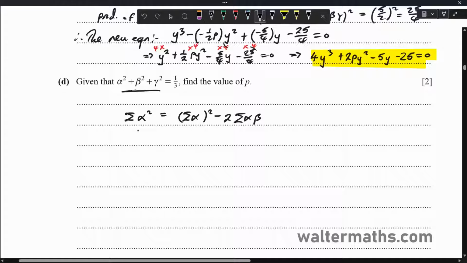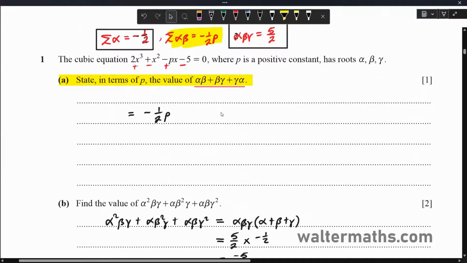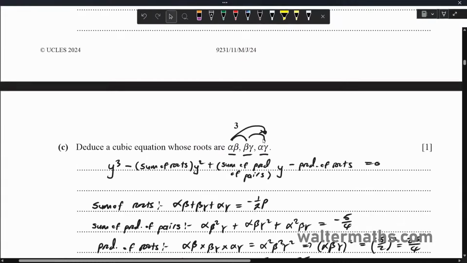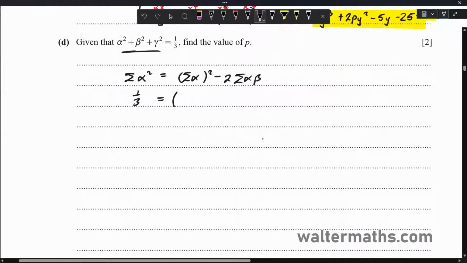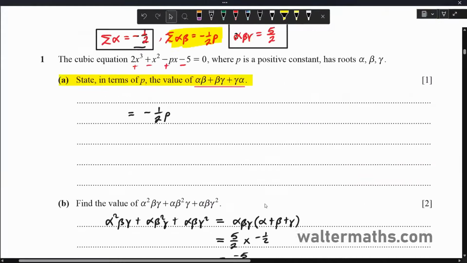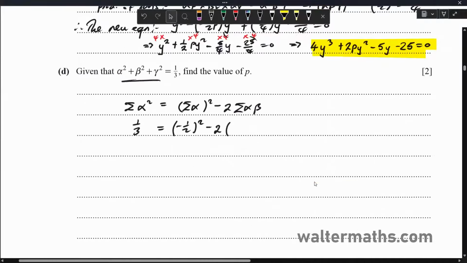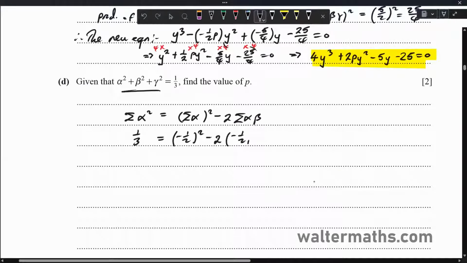So the sum of squares has been given to be a third, and the sum of roots is minus a half, so a square of that. So minus a half squared minus 2 times the sum of product of pairs, which must be minus a half p. So minus a half of p.